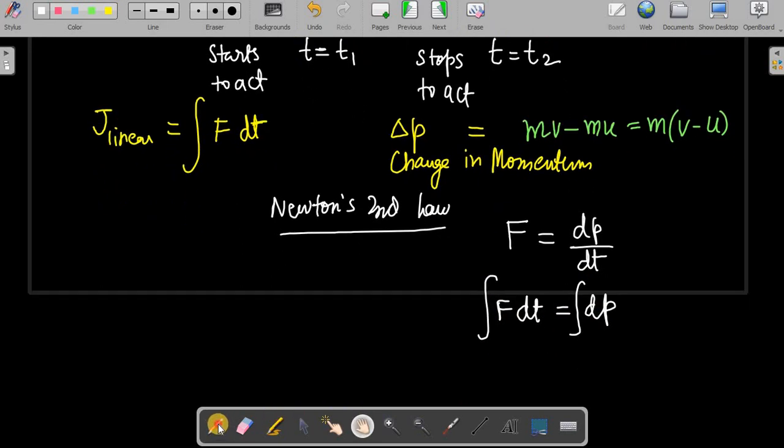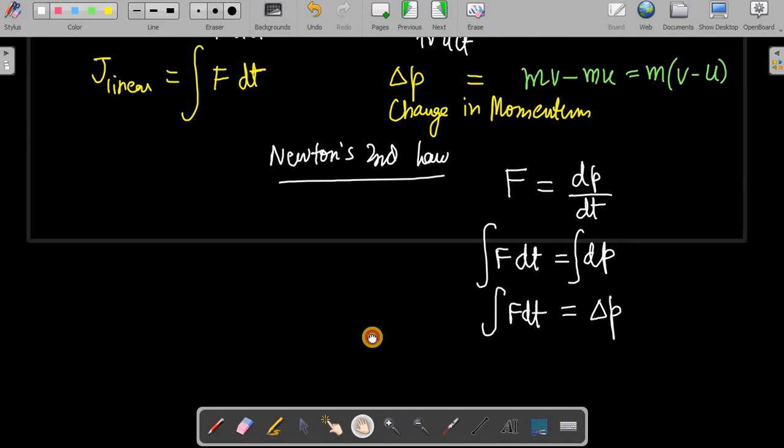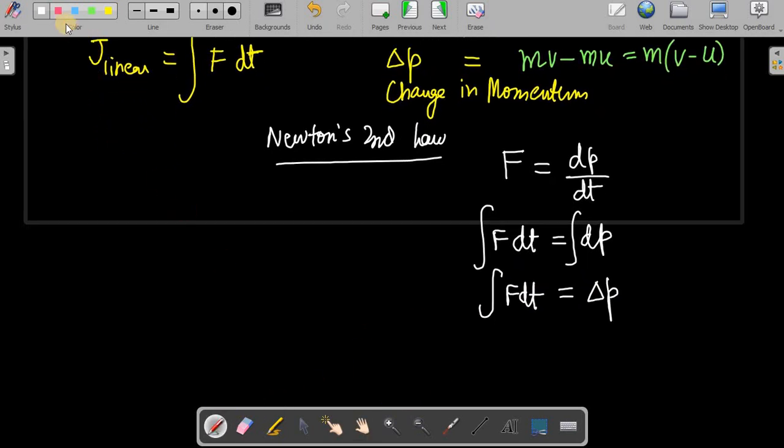Now you see the right side is nothing but delta p, and the left side is nothing but the integration of F dt, which is nothing but what? That is the linear impulse, isn't it? That is the linear impulse. And this is the change in momentum.